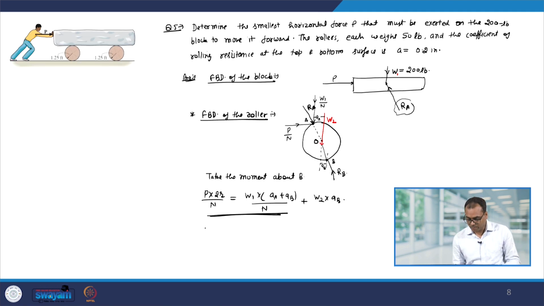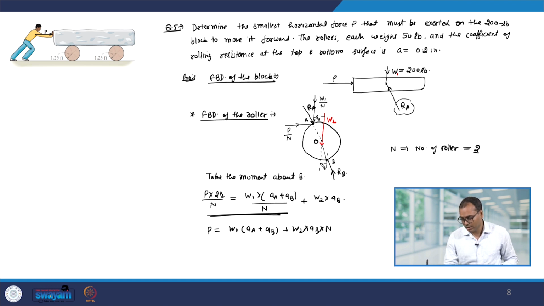Okay. So, from here we get P equal to [W1 (AA plus AB) plus W2 into AB] into N, divided by 2r. So, let me mention here that N is the number of rollers, which is equal to 2.